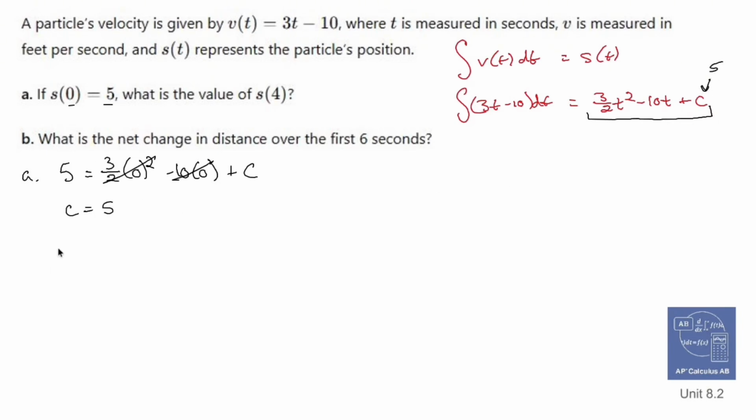So if I have my position function, if s of t is going to equal 3 halves t squared minus 10t plus 5, I can easily find out what happens when I substitute in 4.